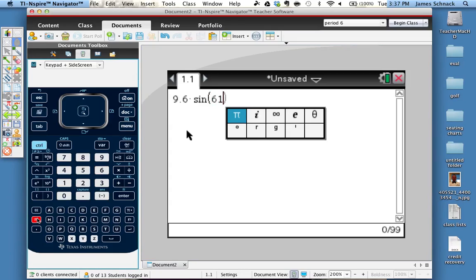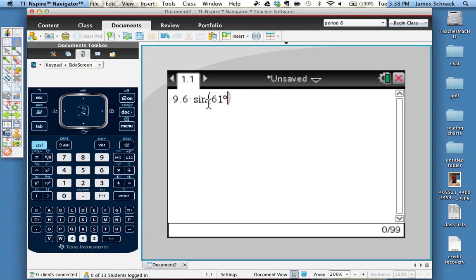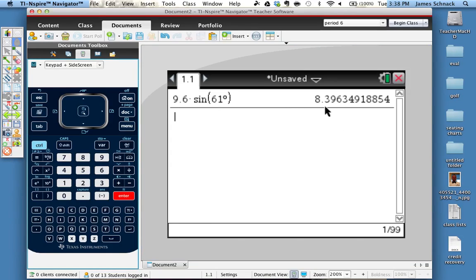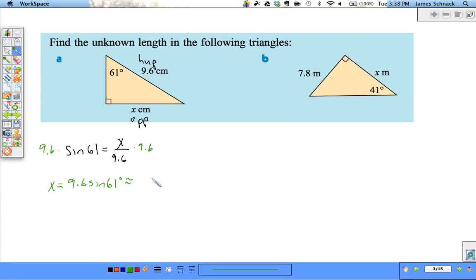And I'm going to put a degree in here just to make sure that I get the unit right. See the calculator video for more information about this. But 9.6 sine 61 degrees, push enter. Our side is approximately 8.40, rounding appropriately, and we've got some units, centimeters.